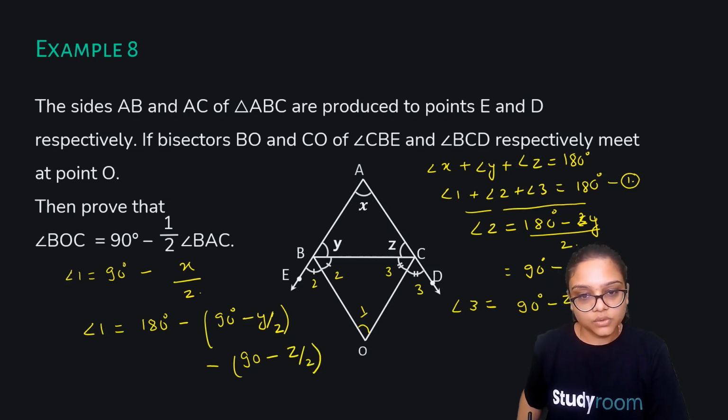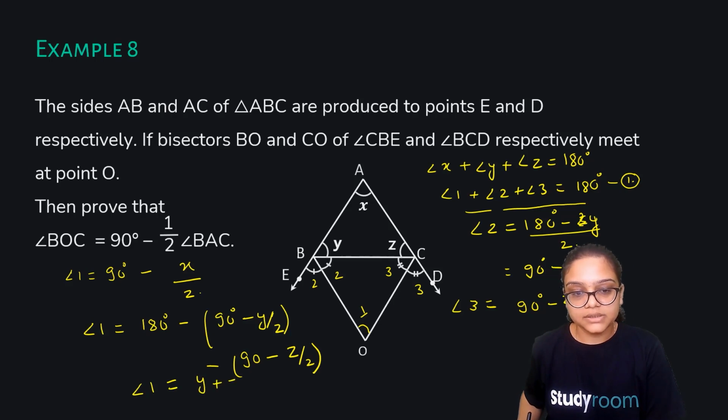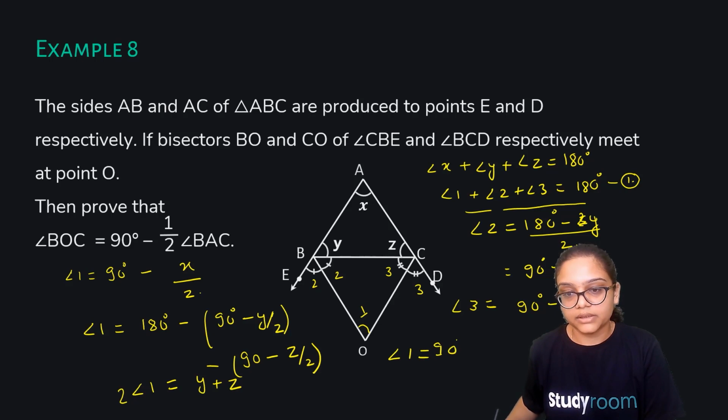Correct? So we will arrive at this conclusion that angle 1 is equal to y plus z by 2. So replace this y plus z here and you will get that angle 1 is equal to 90 degree minus x by 2. And this is what we needed to prove.